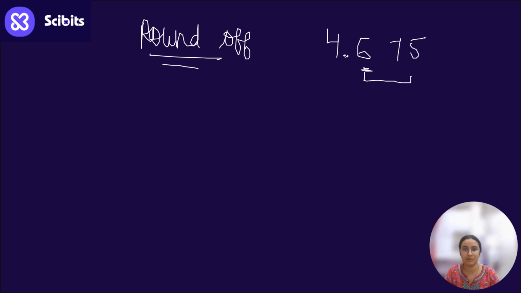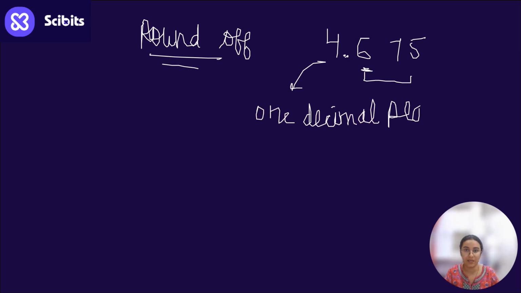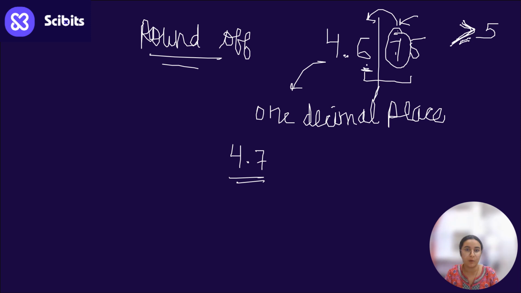So there are 3 decimal places, and I have to round it to one decimal place. How will I go about it? One decimal place means I have to look at this value. If this value is greater than or equal to 5, then I will add 1 to the previous value. Then it will become 4.7.